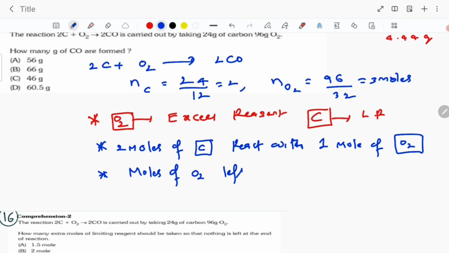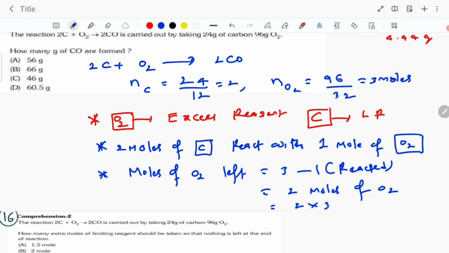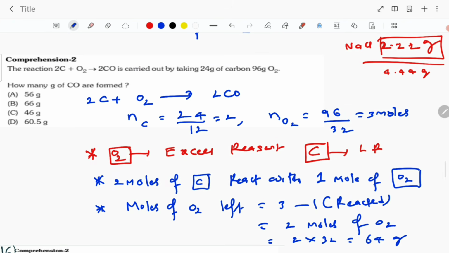Moles of O2 left is equal to 3 moles given minus 1 mole reacted, so 2 moles are left. 2 moles into 32 is 64 grams. So 64 grams is the answer to the given question, and option A is the correct answer. You observe the solution we mentioned.